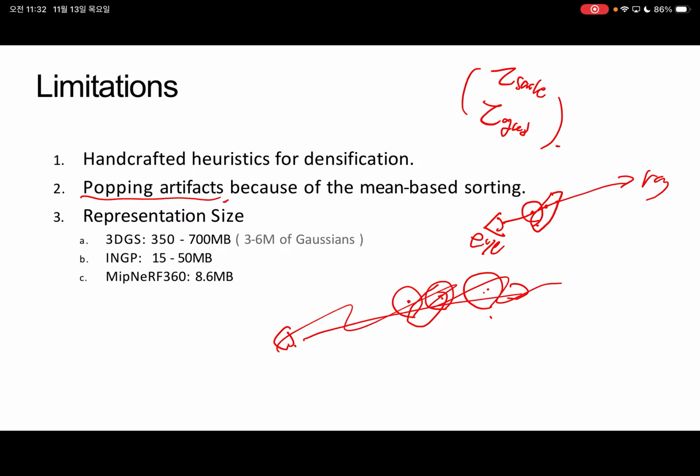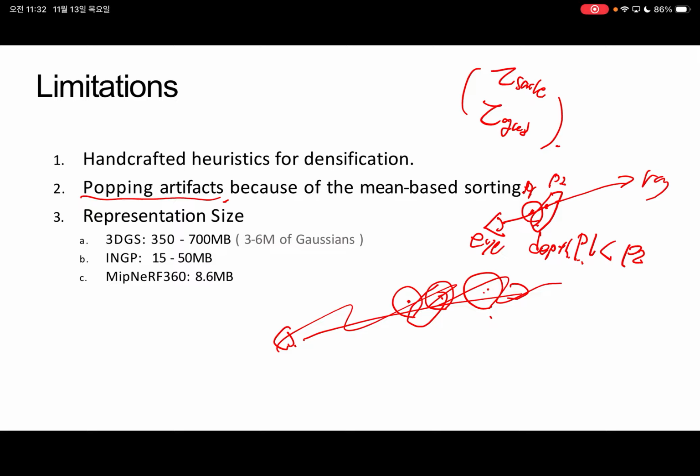So this is P1, P2. So the depth of P1 is smaller than P2, right? You can see this depth point. Let's just look at the mean of the Gaussian. Depth of P1 is smaller than depth of P2, right?